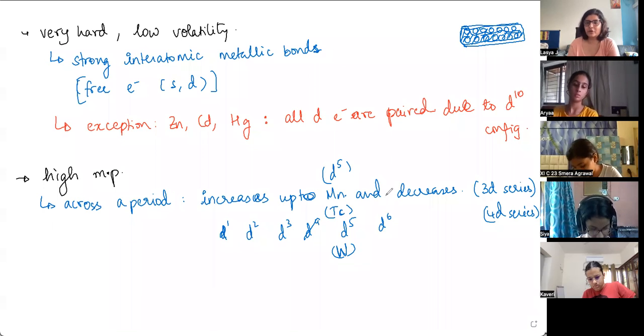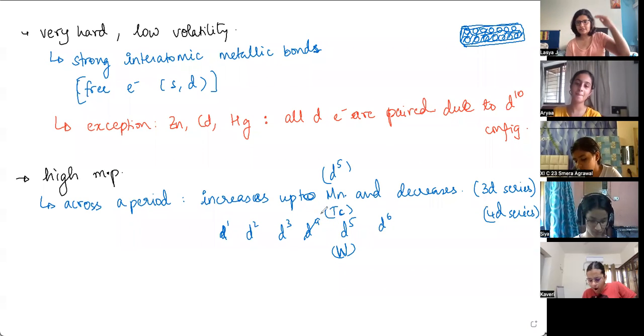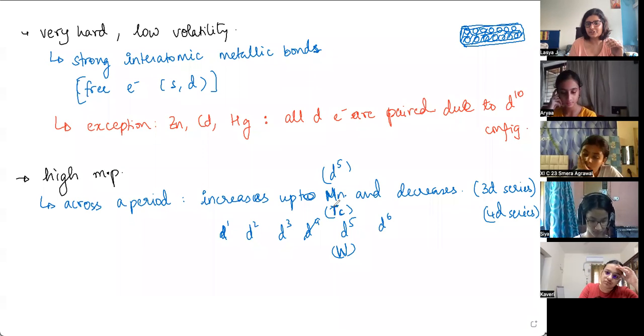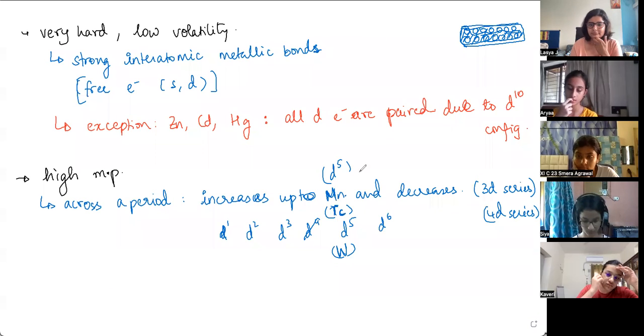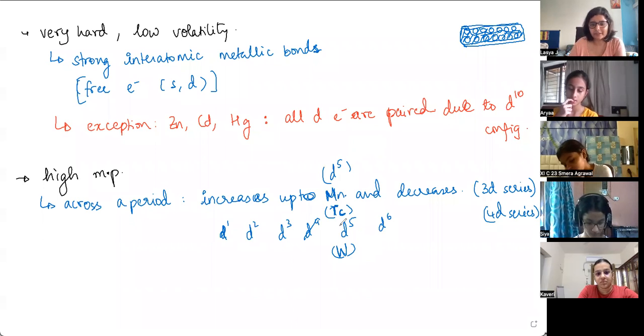Trend in boiling point, yeah. It increases up to a point and decreases. Highest melting point in each series, you have manganese in 3d, technetium in 4d, and tungsten in 5d. Okay, and the reason is, actually, sorry, my bad.